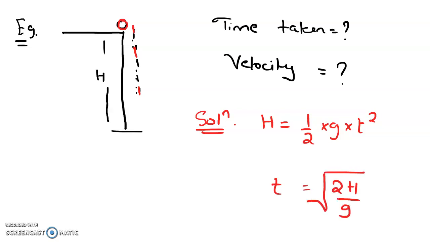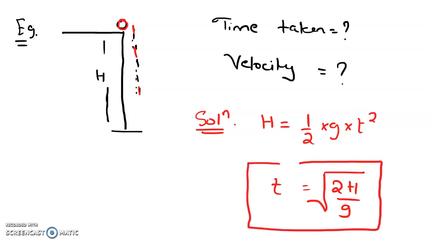This is the time taken for the whole process. If I ask about the distance traveled by it, in this case the distance is h, the height of that tower is given as h.